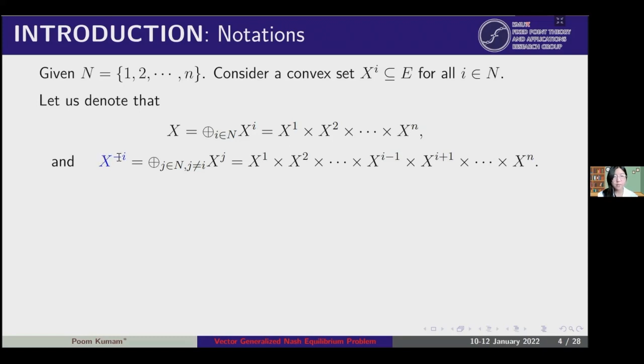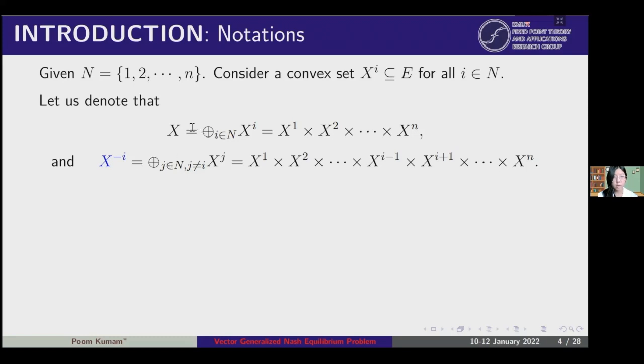And the notation X minus i means the product of X1, X2 until X(i minus 1), then we skip Xi, and then we take the product of X(i plus 1) until Xn.